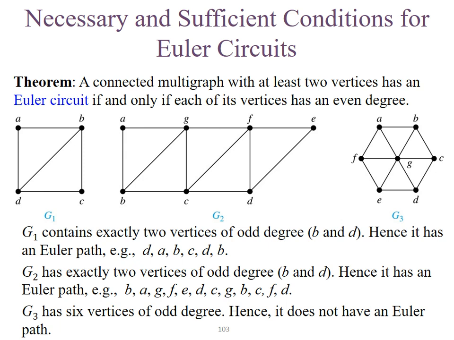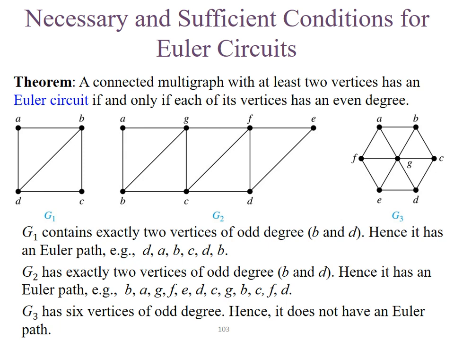So we can see if we have vertices A and B, the degrees of A and B are both 2. So we have at least 2 vertices in this multigraph, and each vertex has even degree. So of course we can discover an Euler circuit from A to B, back to A. That will be an Euler circuit. So next we can examine, by this simple theorem, whether we can find an Euler circuit in the following graphs.